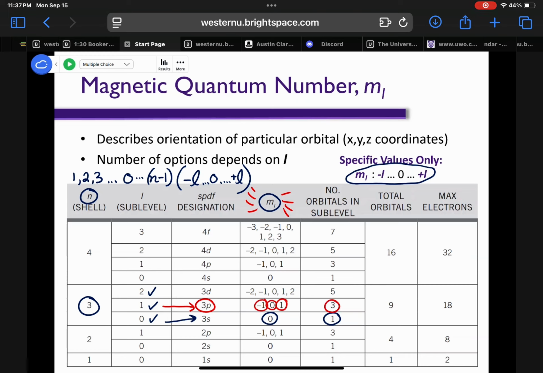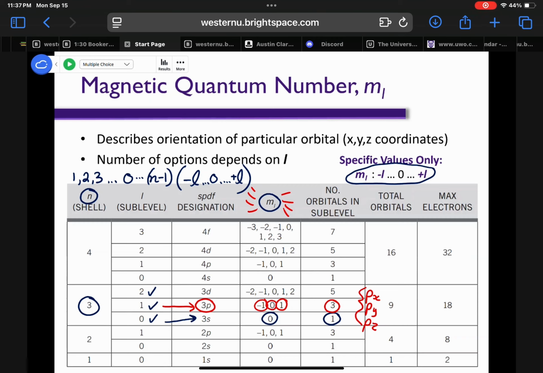This corresponds to px, py, and pz. We're going to talk about these visualizations in a minute. Now, we don't know if negative 1 means z and 0 means x. We don't know which one aligns with which, but we do know there are 3 options.